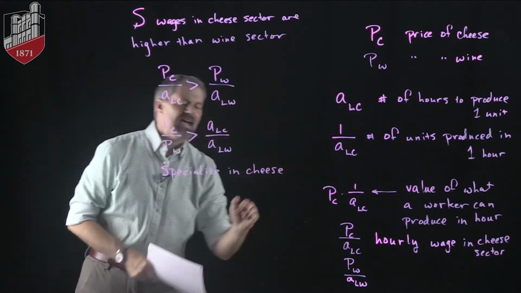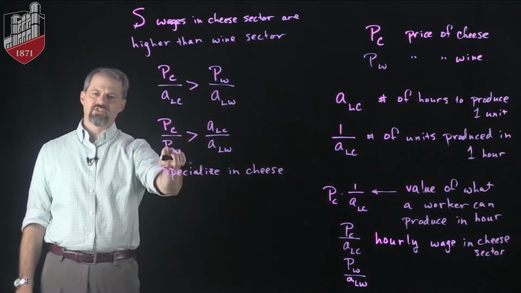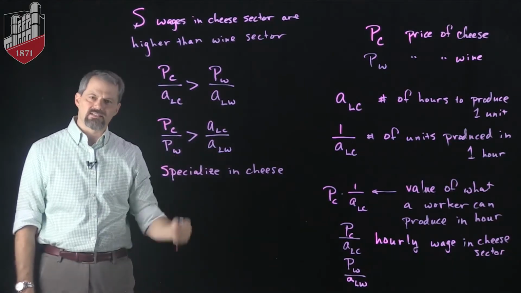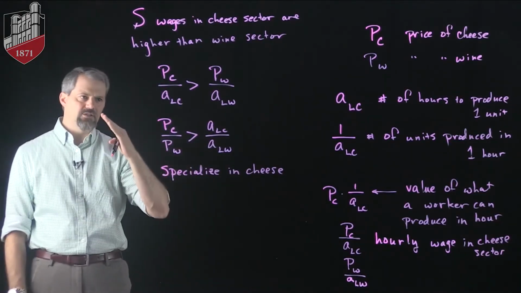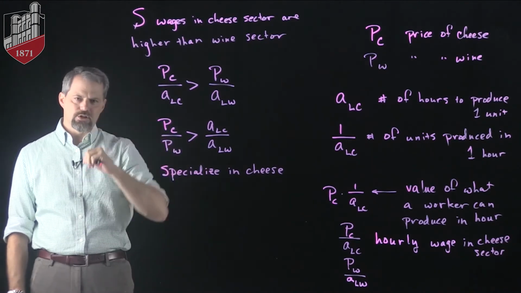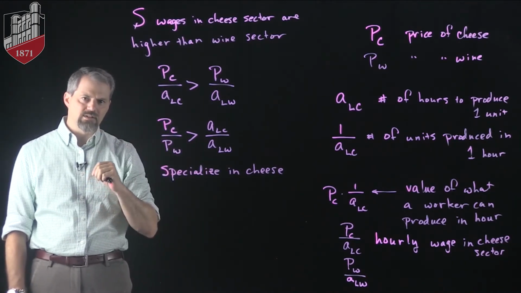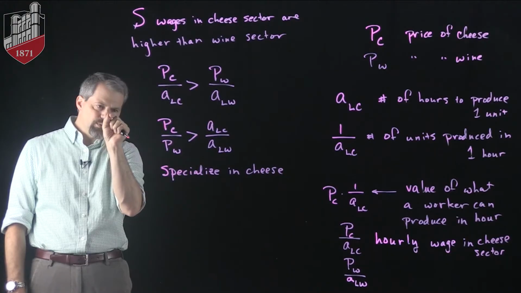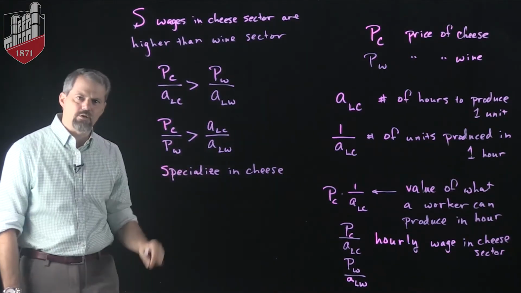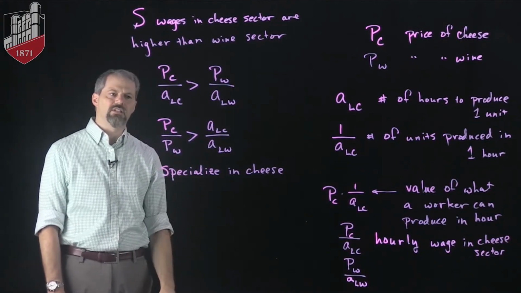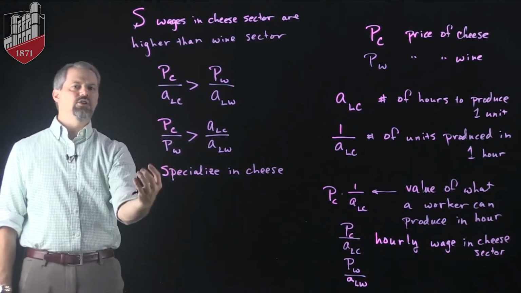Now that's exactly what we saw when we were talking about that example with the ISO value line. If the slope of that ISO value line is steeper than the slope of the production possibilities frontier, then the bundle that produces the highest value is going to be down there in that bottom right-hand corner where they produce all cheese.